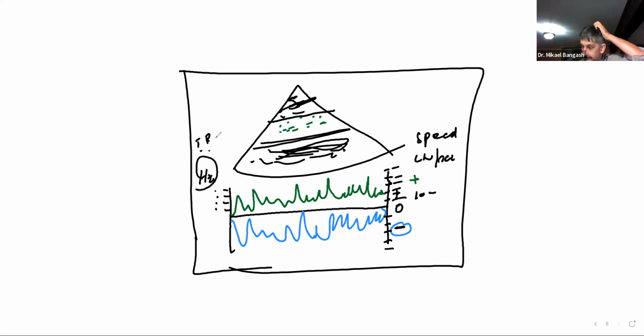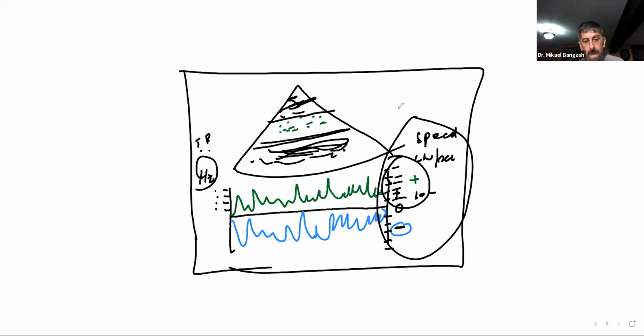Did that make sense? But the actual value that we look at to determine the speed of blood, whether it's high or low, is what we find on this side here of the spectrum. Mainly because you will not be able to get much out of a Doppler shift of, say, 20 hertz. What does that mean? Is that clear?